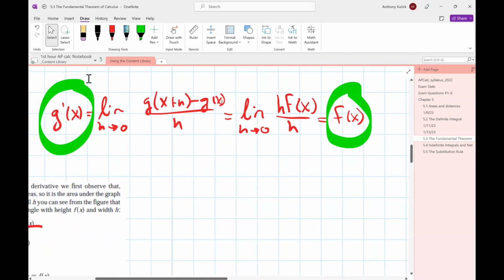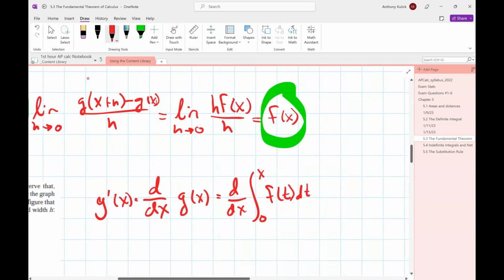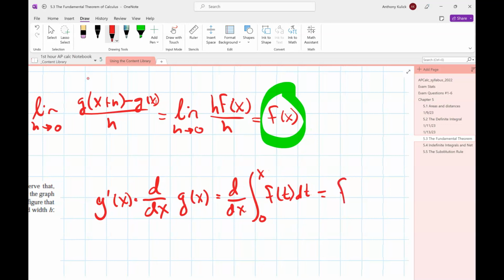All right, this is the payoff right here. What is this saying? If I do d dx of g of x, that's g prime, right? So that's going to be the same thing as d dx of the integral from 0 to x of f of t dt, which we know is f of x, right?